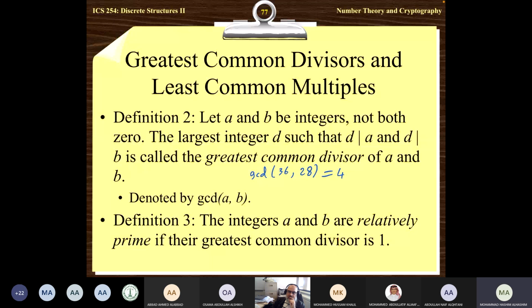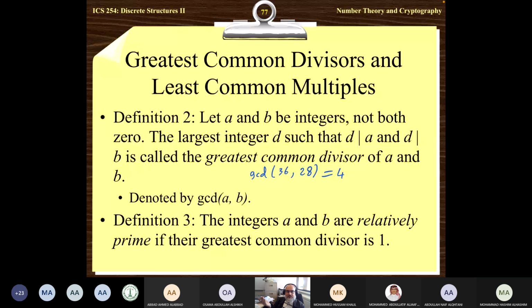Yes, they will be. If I give you any 2 prime numbers, 5 and 7, 7 and 11, all of them are relatively prime because the only common divisor is 1.